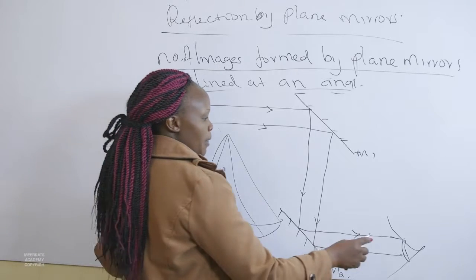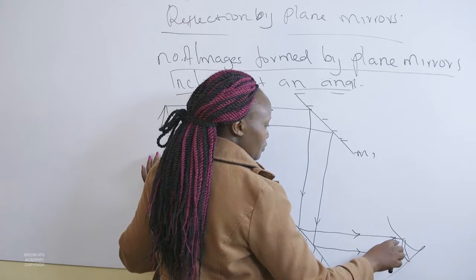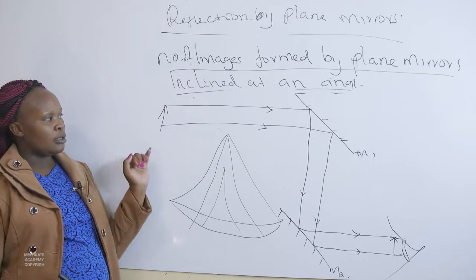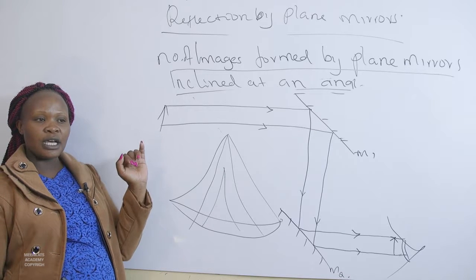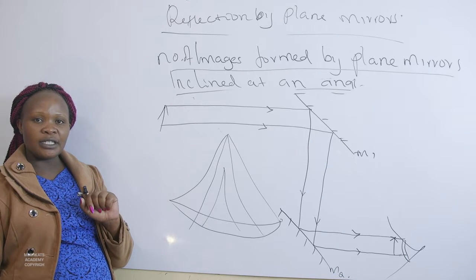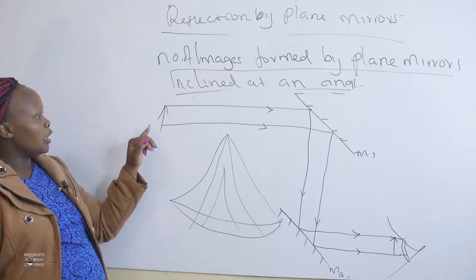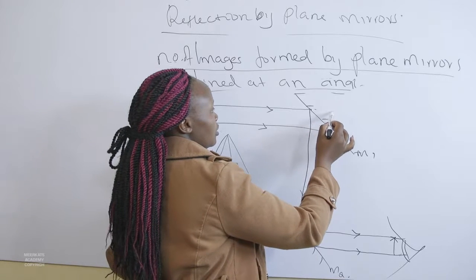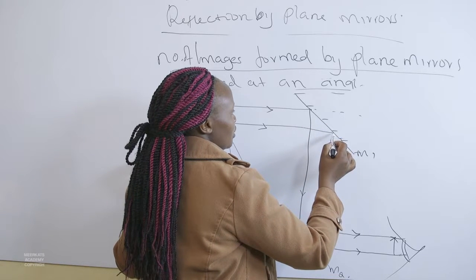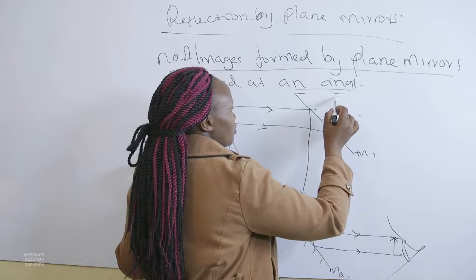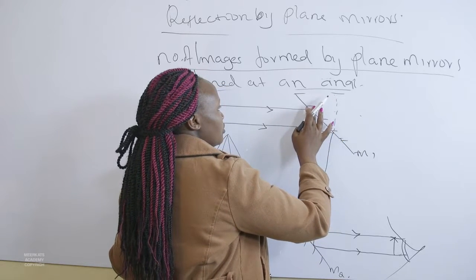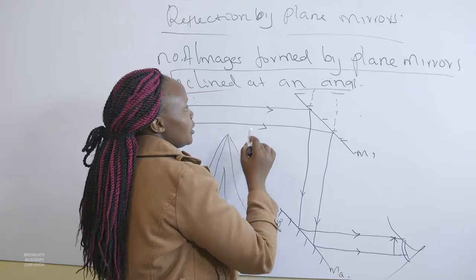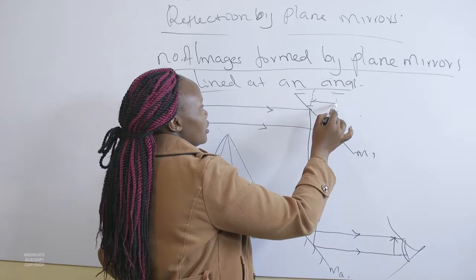Now remember that we said that a mirror forms an image that is laterally inverted. So now, if you have this object here, it is going to be formed after reflection somewhere above here, and it is going to be inverted.